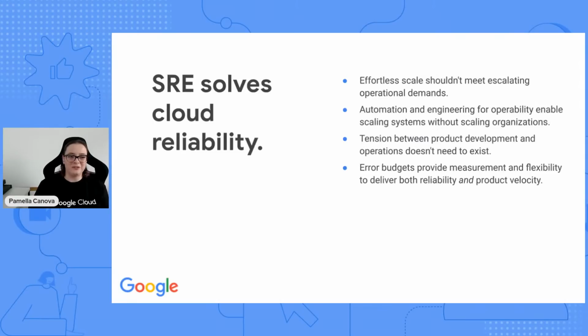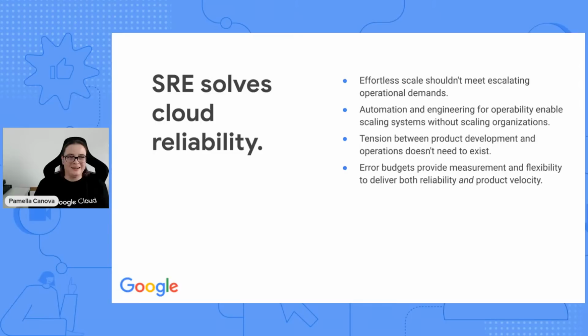And the SRE can solve many problems, and mainly the cloud reliability problems. So we can work with other teams to build scalable and reliable solutions and automate engineering operations.